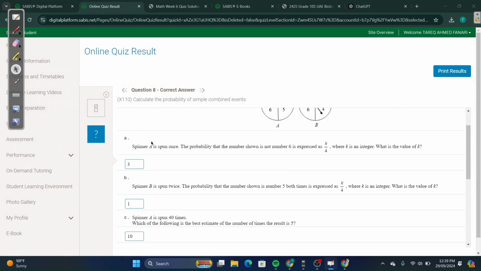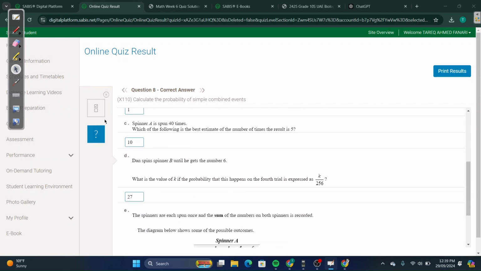So the probability of landing on 6 is 1/4. The probability of not landing on 6 is 3/4.